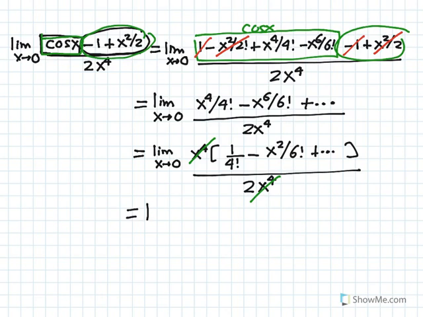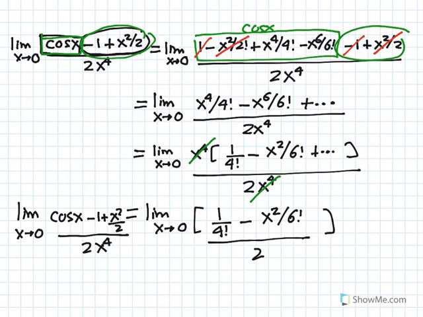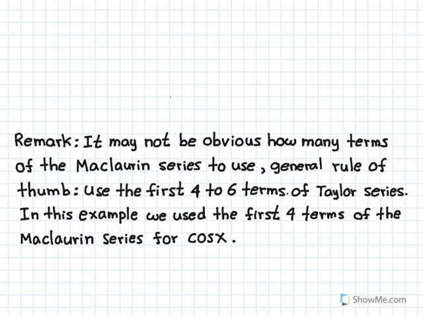So we have the limit as x approaches 0 of 1 over 4 factorial minus x to the power of 2 divided by 6 factorial, all divided by 2. All right, so let's plug in x equals 0.